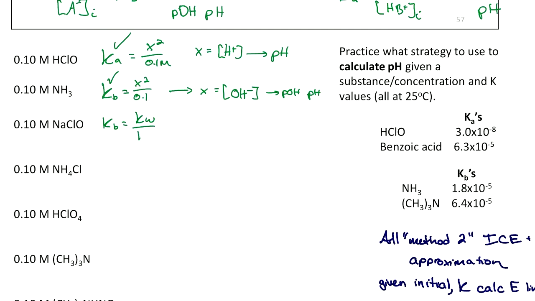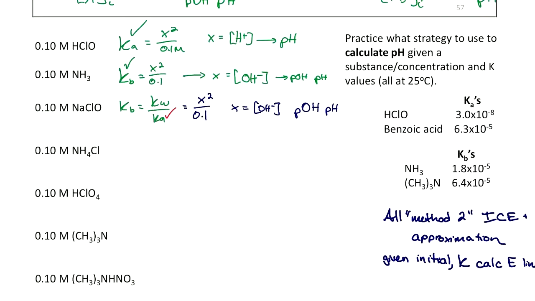Kb is Kw over Ka. I did give you Ka, so we'll have to solve for Kb here. And then this will be equal to x squared over 0.1 again. But when we solve for x, it's the concentration of what? H plus or hydroxide? It is hydroxide because we used a Kb value, and then again, you'll pOH, then pH.